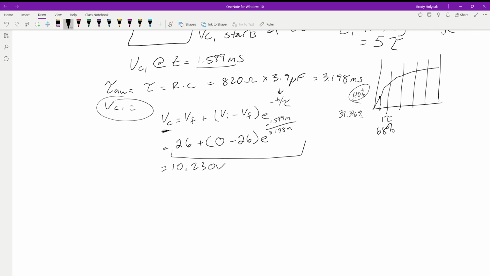Okay, so all these questions are going to be very, very similar. We're going to be given a different capacitor, different resistance, different voltages, and then we're just given different times, and we have to solve for those. There will be some other times where maybe we want a capacitor to charge up, but I want to design it to where, let's say, it takes 5 seconds to start up.